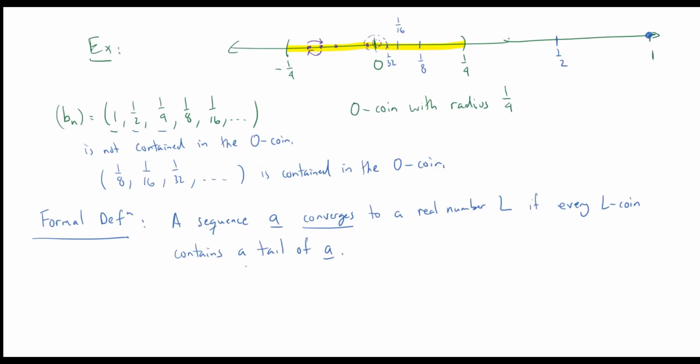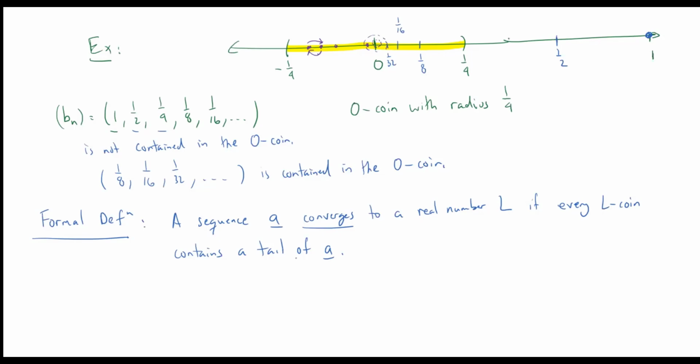No matter how small somebody makes this L-centered open interval, you can find a tail. You may have to go out very, very far, because the tail doesn't say you'll cut off the first two. It might cut off the first billion, and then take the rest of them. But every L coin, no matter how small it is, will contain a tail. That's what it means for it to converge to this number L.